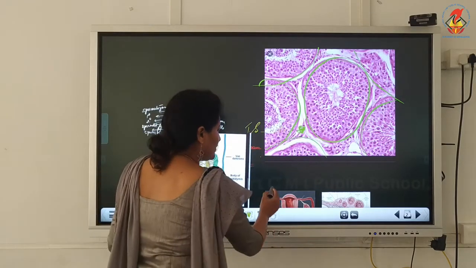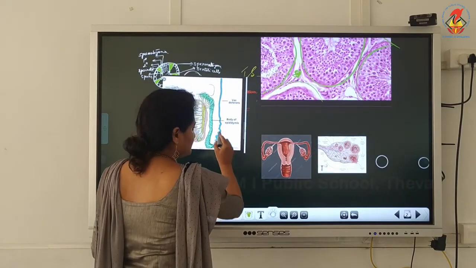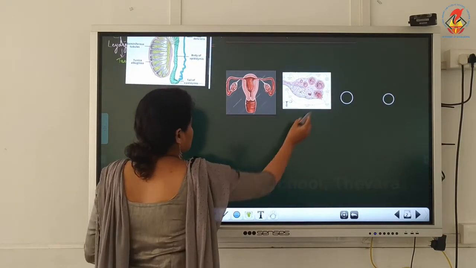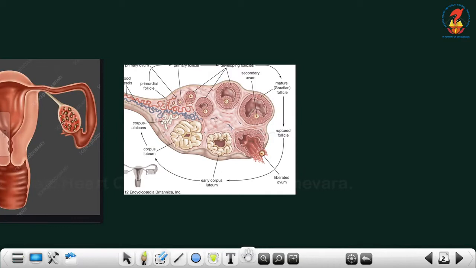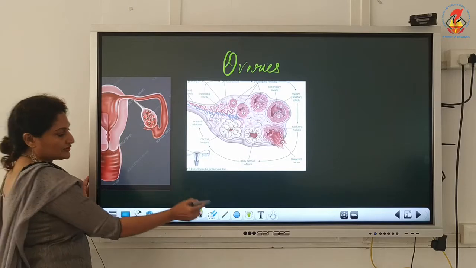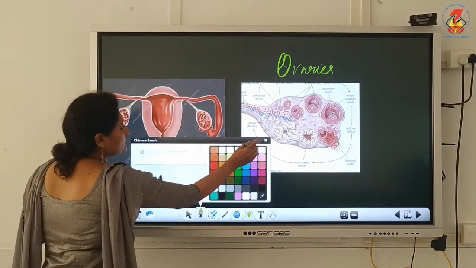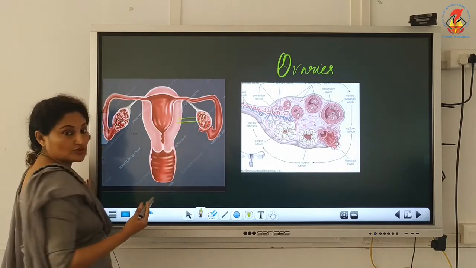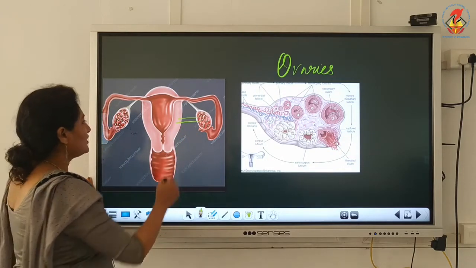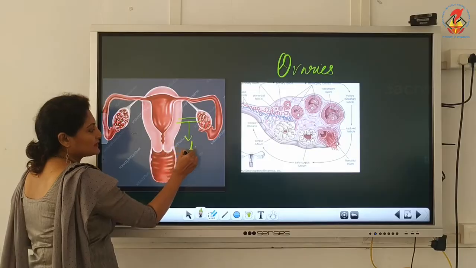Next, moving on to the female reproductive system. Now the female primary sex organ is the ovaries. There is a pair of ovaries I have mentioned. It is on either side of the uterus, held to the uterine walls as well as to the pelvic wall with the help of ligaments.